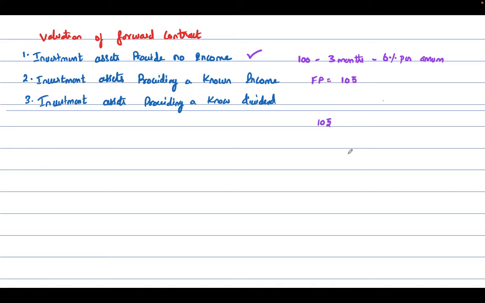We have borrowed 100 rupees. The rate of interest is 6%, and we have borrowed it for 3 months.